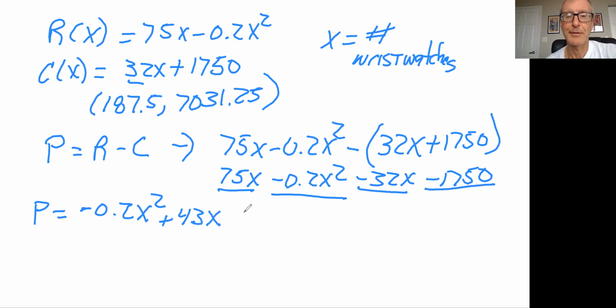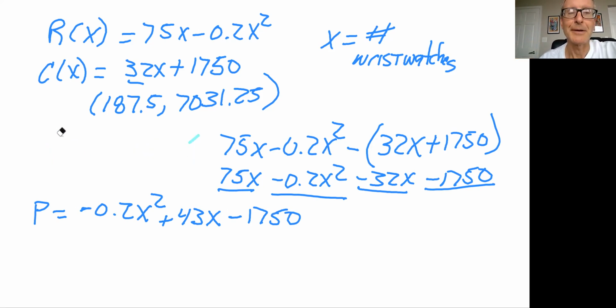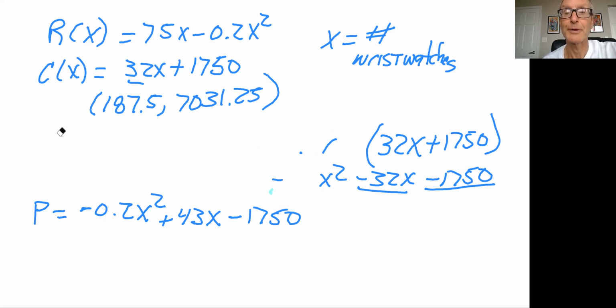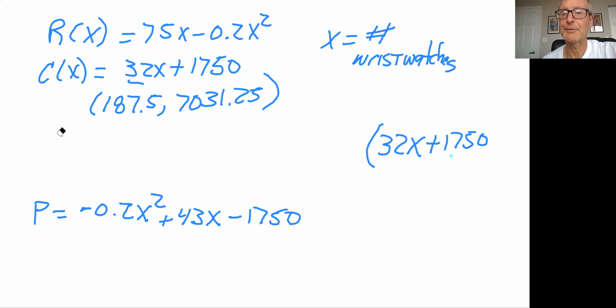And then we just have minus 1750. So there's our profit equation. And you look at our profit equation and you say, ooh, I got another quadratic. And so when we do this analysis and say, what is your maximum profit? Well, how many wristwatches do you need for your maximum profit? And then what would be your maximum profit?